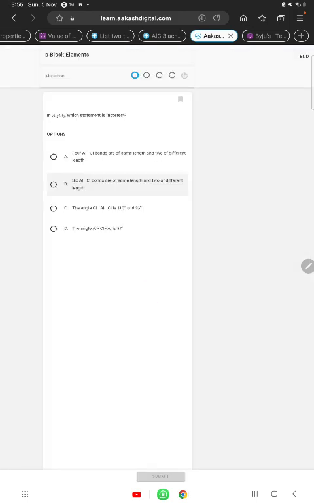Al2Cl6, which statement is incorrect? 4 Al-Cl bonds are of the same length and 2 of different. All 6 Al-Cl bonds are the same and 2 of the different. The angle Al-Cl is 87.